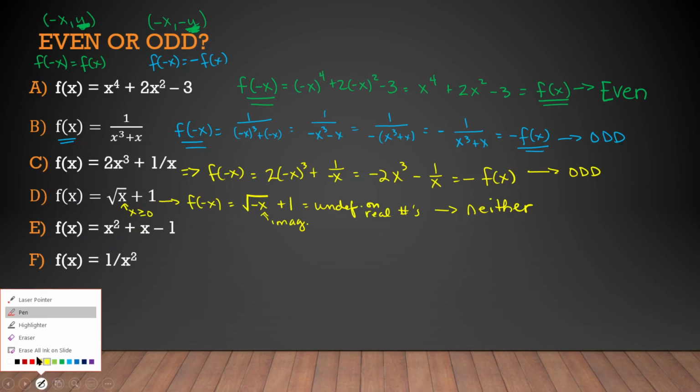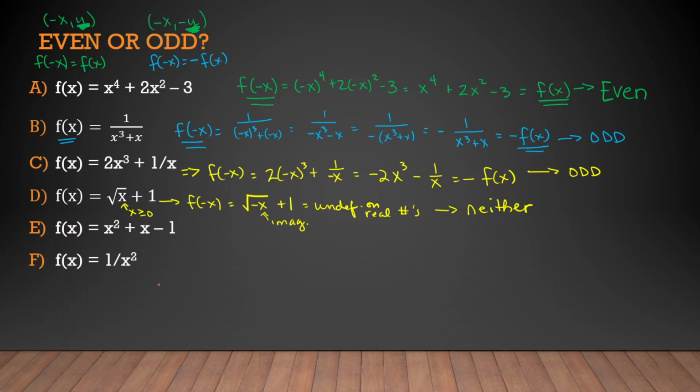Okay, let's do another one. So this one, if I do f of negative x, I'll get negative x squared plus negative x minus 1. So squaring the negative makes it positive, but the singular negative changes it to subtraction, and the 1 here stays with subtraction. So this is not equal to f of x, and it's not equal to negative f of x.